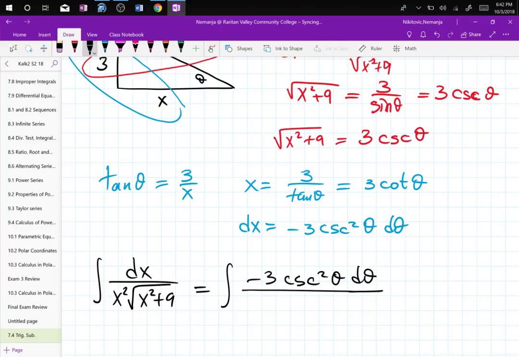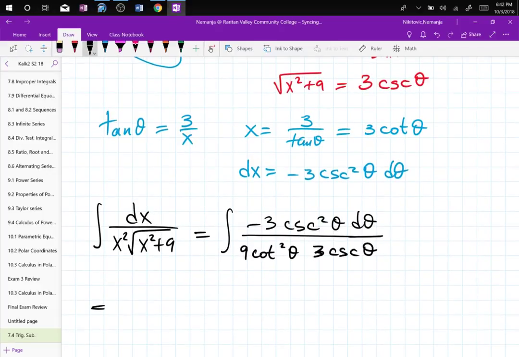That's the numerator. I need to square the x, so that's 9 cotangent squared theta. And the square root is 3 cosecant theta. There you go.